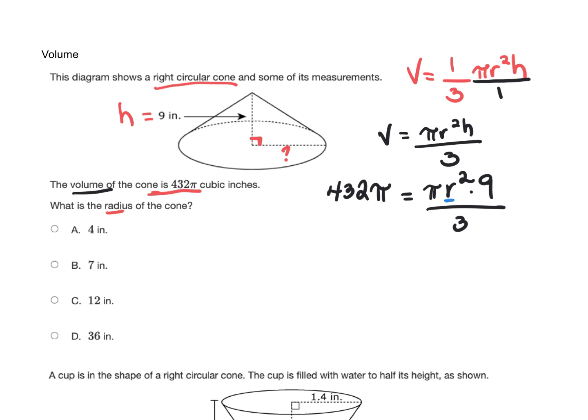We're looking for my radius. That means everything else needs to be moved to the other side of the equal sign, and the r stays where it is. Okay? Now, you may or may not notice that 9 divided by 3 is 3.